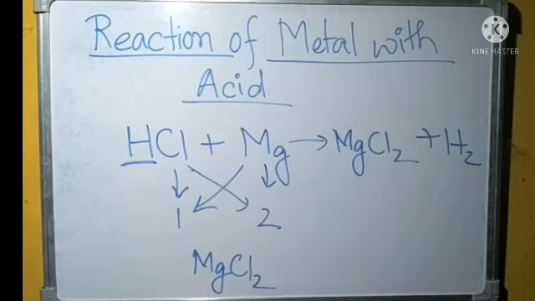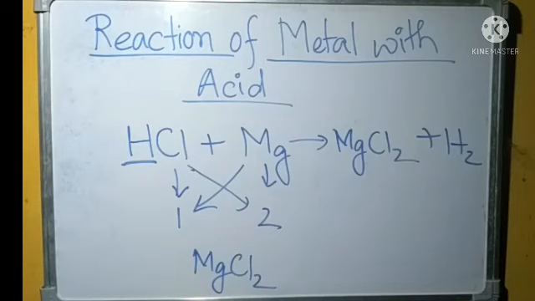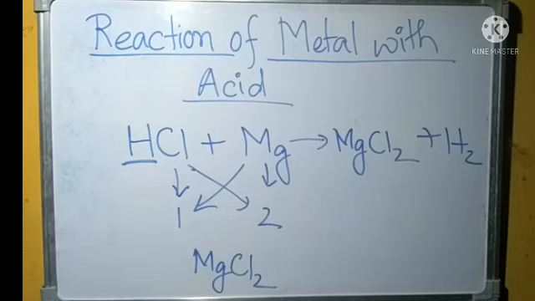You can try on your own to write the formula of the salt that will be produced when different metals react with different types of acid. If you do that, this concept will be more clear. The simple thing you have to know is that whenever an acid reacts with a metal, hydrogen gas will be produced, and the hydrogen will come from the hydrogen atoms present in the acid.